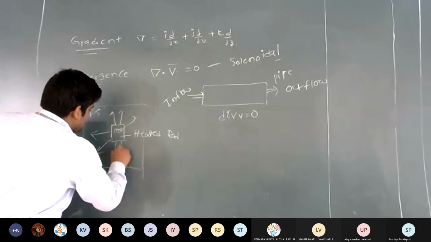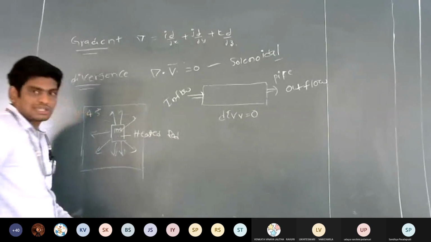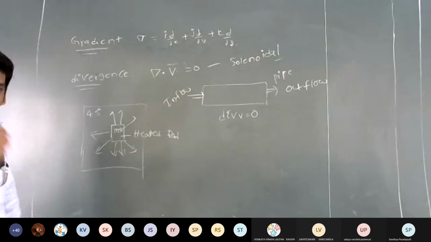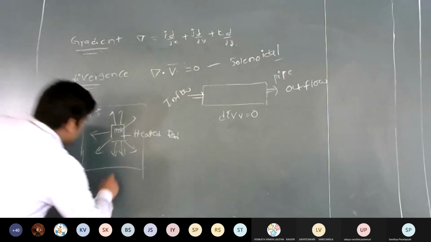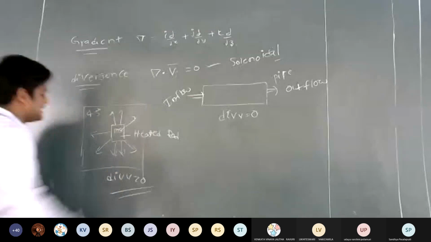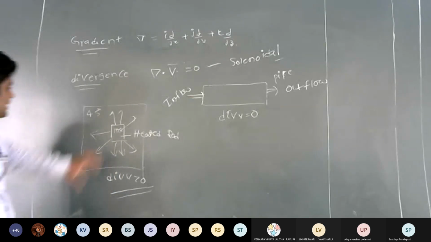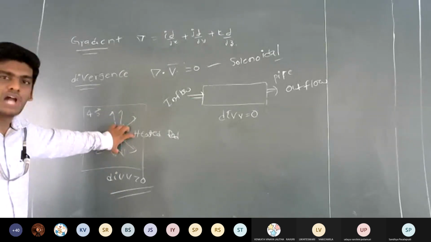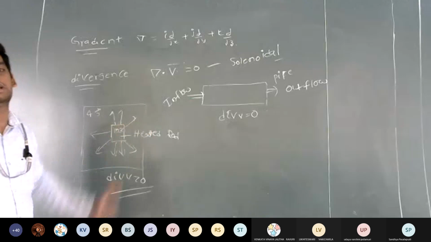So the temperature changes from hot to cold. Here the divergence is greater than zero. For such bodies, the divergence is greater than zero.